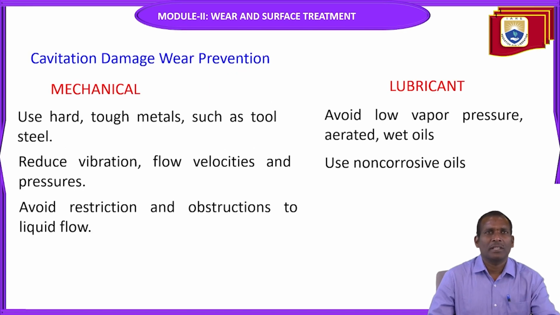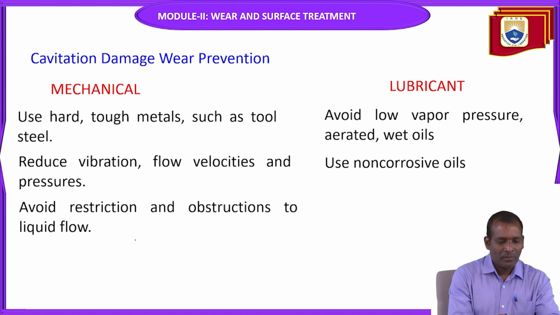So the prevention method is use hard or tough materials such as tool steel, reduce vibration, flow velocity and pressures, avoid restrictions and obstructions to liquid flow.